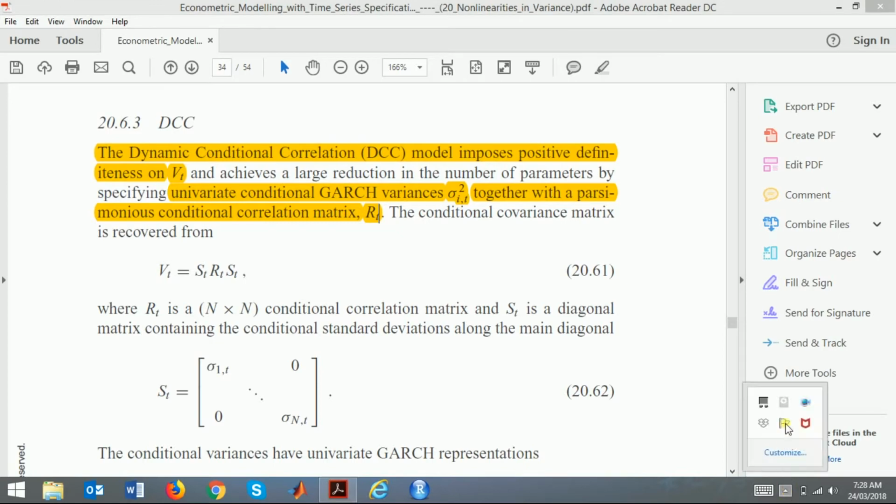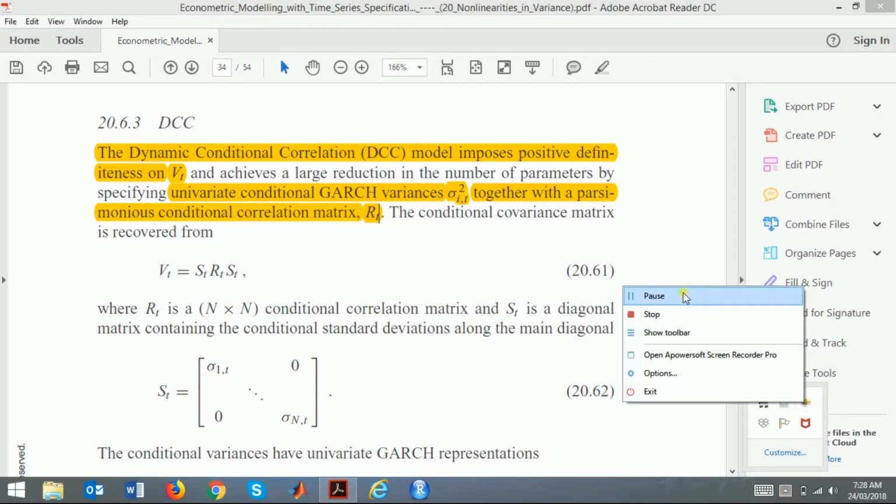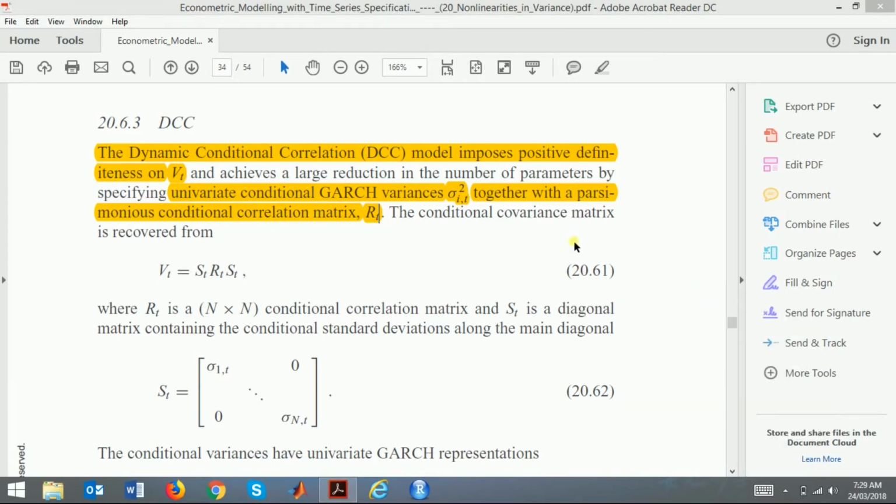Then what happens? Okay, I'm feeling a bit hot. So to reduce the model, univariate conditional GARCH variances are combined with a parsimonious conditional correlation matrix. Okay, fine. They are specified together.